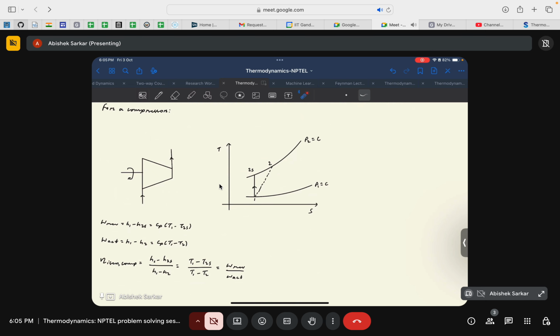So the essential task of the pump was to increase the pressure, and through that increase in pressure, increase the enthalpy of the working fluid. Although the increase in enthalpy was not that much, it was still there.